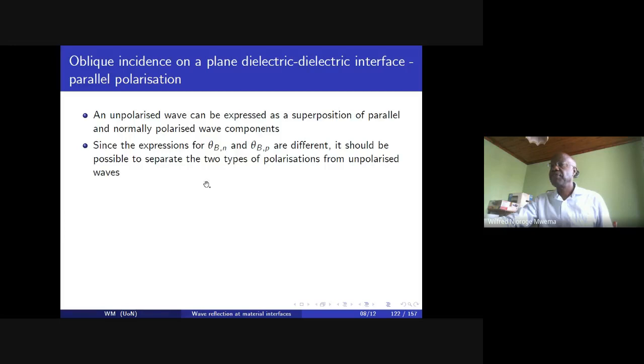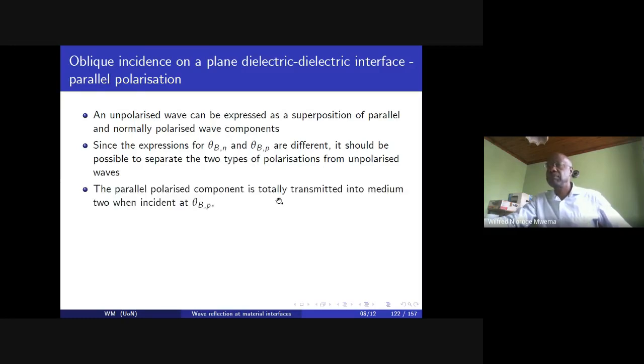That is, if we were to use an angle of incidence of the Brewster angle for this unpolarized wave, the reflected wave will consist mainly of the normally polarized component, while the component with parallel polarization will be transmitted totally into the next medium.